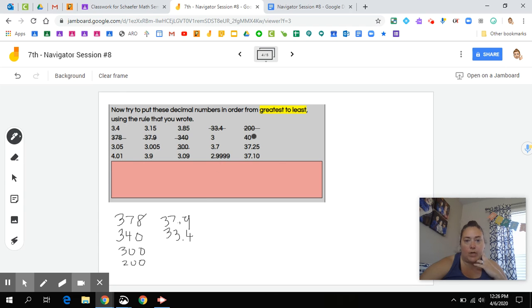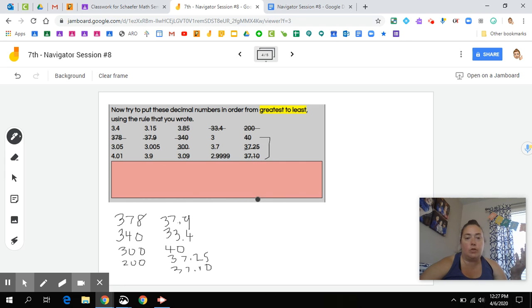And 40 is in the tens. These last 3 would be in the tens. So I have 40. I have 37.25. And I have 37.10. These are all the ones that are in the tens, and so those are organized for me so that it'll make it easier to fit everything in order from greatest to least.